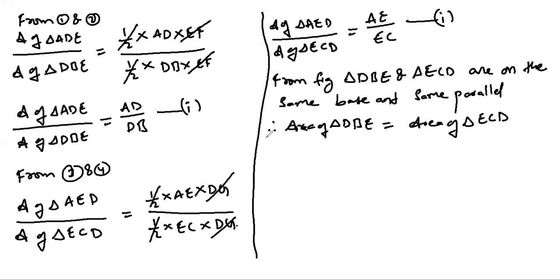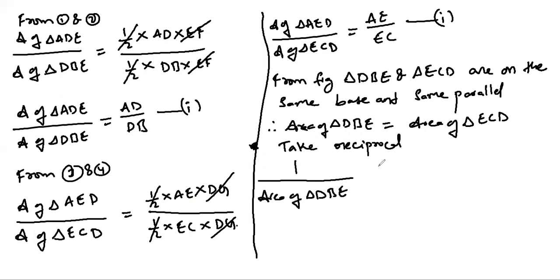Most of the students forget after this. You need to remember this one. This is very, very important. Take the reciprocal. Then what will you get? 1 divided by area of triangle DBE is equal to 1 divided by area of triangle ECD. So after taking the reciprocal, what do we have to do?